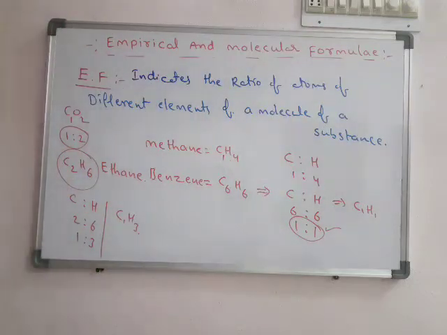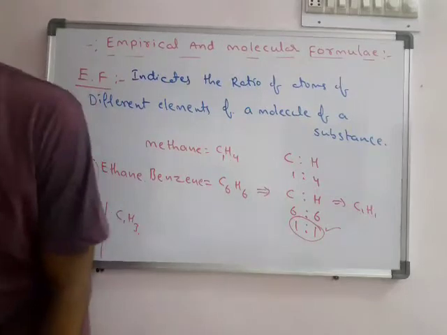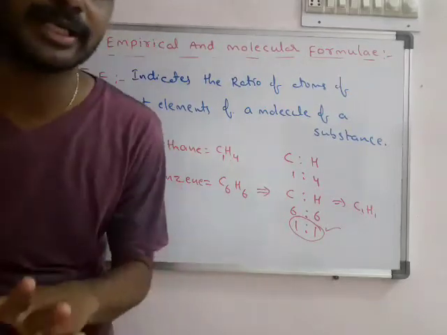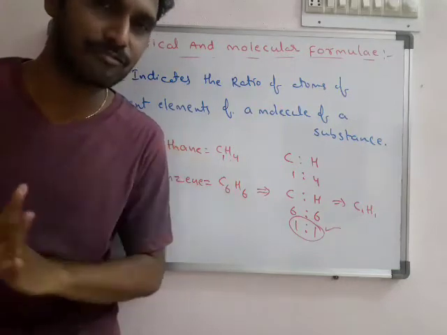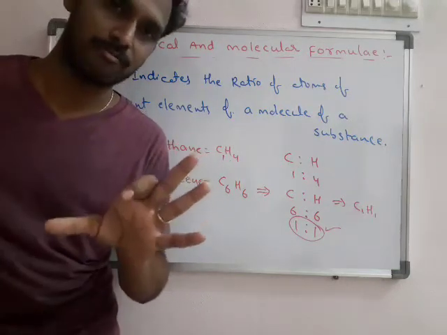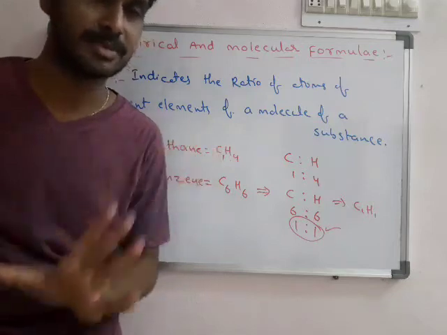Okay. Simple ratio, ratio indicates the empirical formula. Perfect number indicates the molecular formula. That means the molecular formula gives the exact information of the number of atoms of different elements present in a molecule.